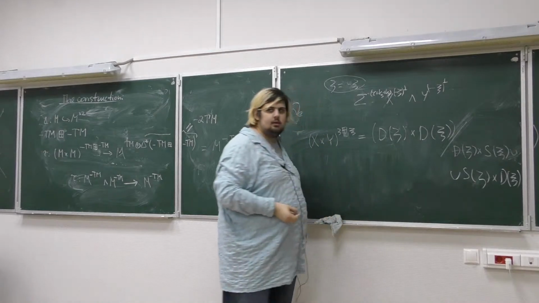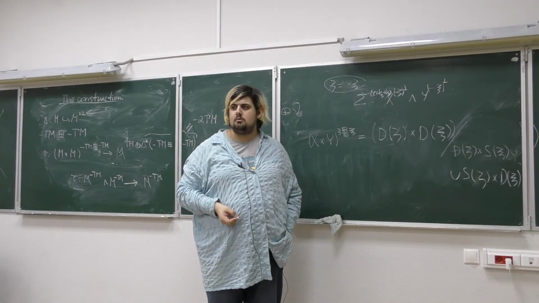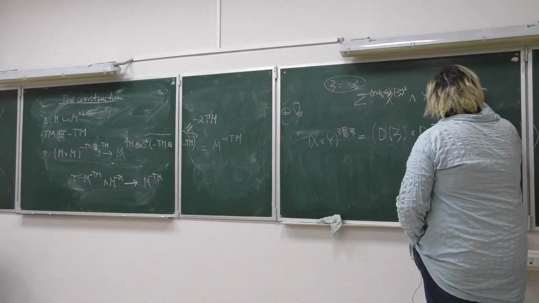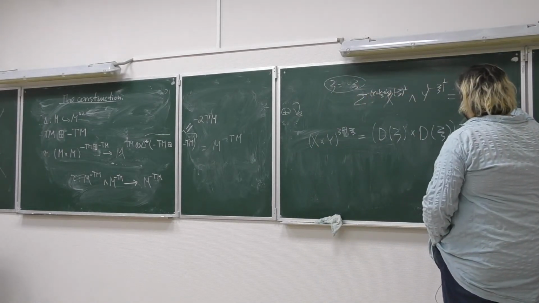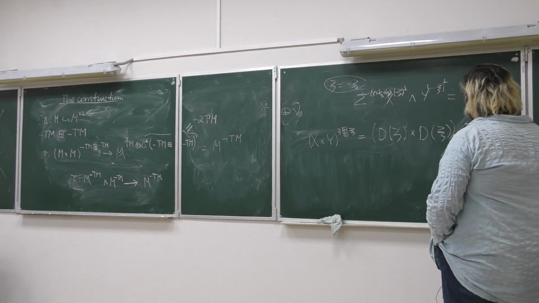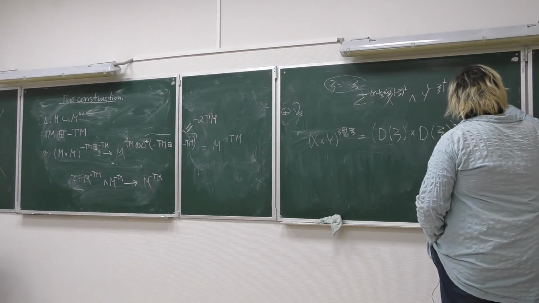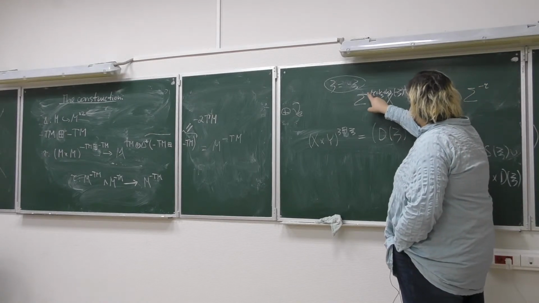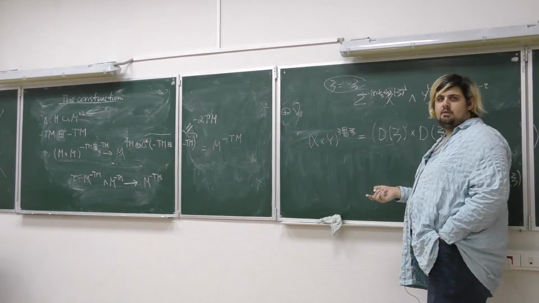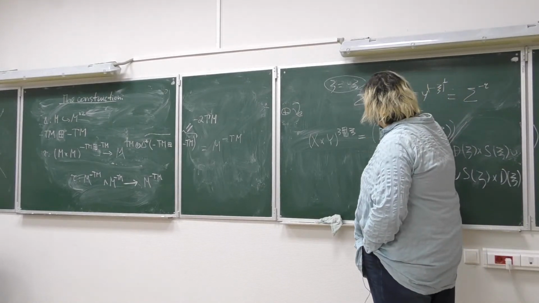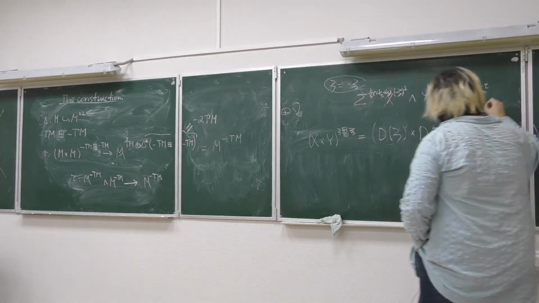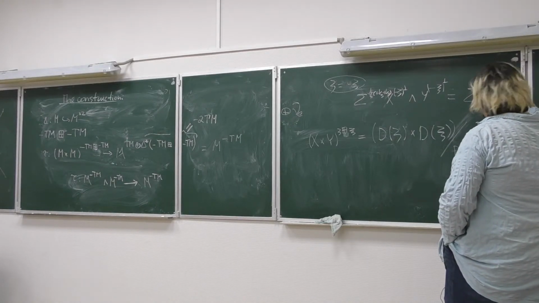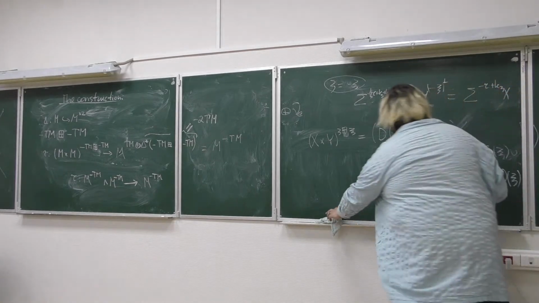Since smash product commutes with suspension, we get the suspension minus, well, since we can assume that R is arbitrarily large, we can think that it is 2R instead of just R. And we get what we wanted. So, sorry.